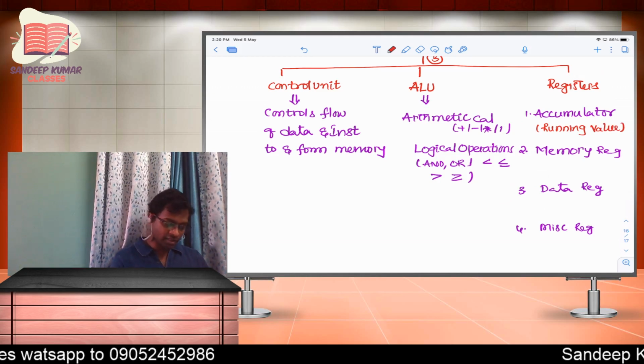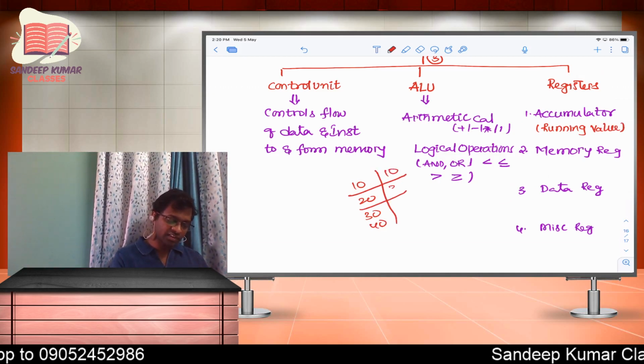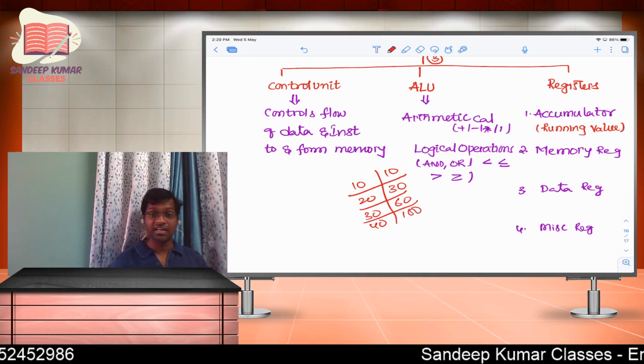What do you mean by running value? For example, I have 10, 20, 30, 40. What is the accumulated value for 10? 10. For 20? 30. For 30? 30 plus 30, 60. For 40? 60 plus 40, 100. These are called accumulated values. So it always stores an accumulated value.